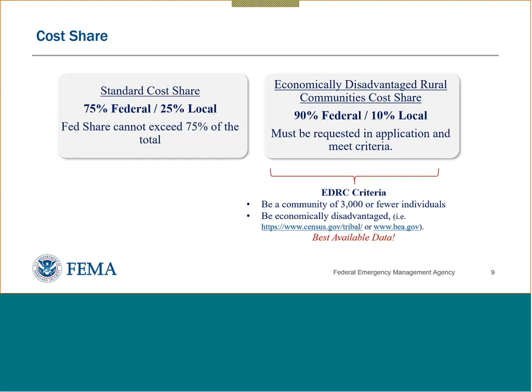Now, in order to meet this criteria, you must be a community of 3,000 or fewer individuals, identified by the applicant as a rural community, and you can't be in a remote area within the corporate boundaries of a larger city or jurisdictional area. And you must be considered economically disadvantaged. Economically disadvantaged, as defined in the NOFO, is 80% or less of the national per capita income.